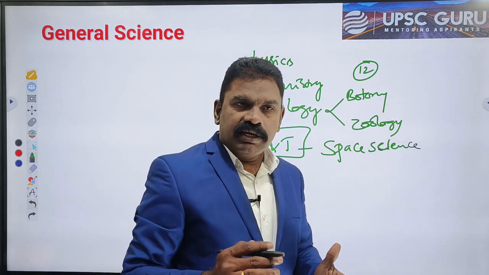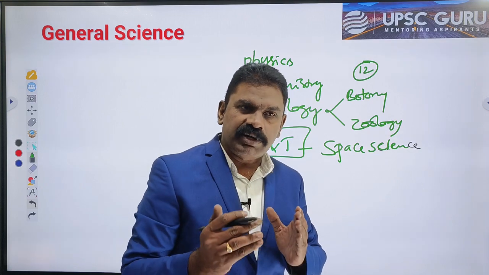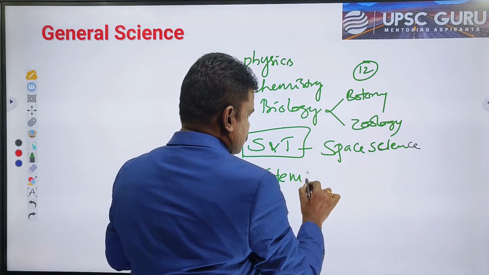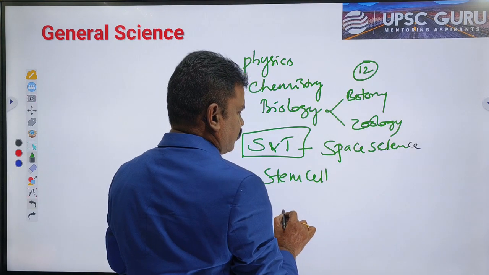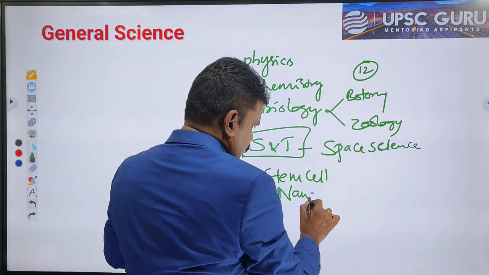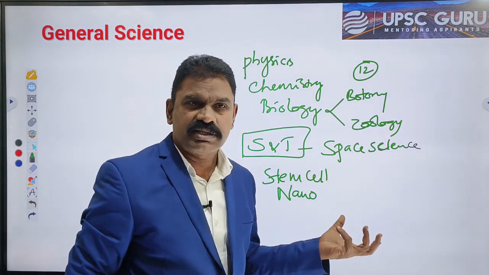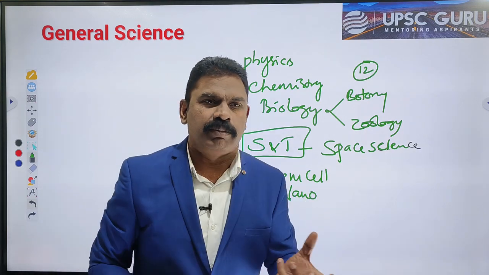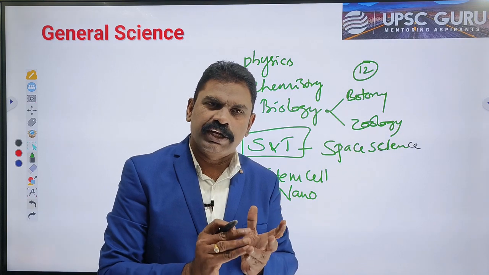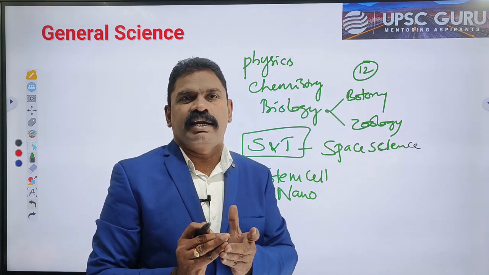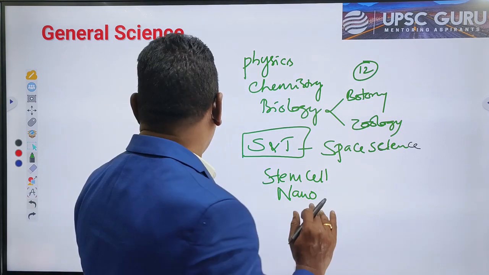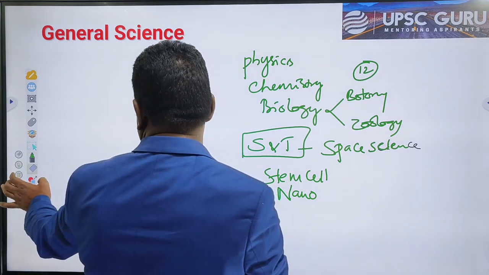Along with space sciences, some latest technologies like stem cell technology and nanotechnology. You need to read more current topics related to economy, polity, and science and technology.